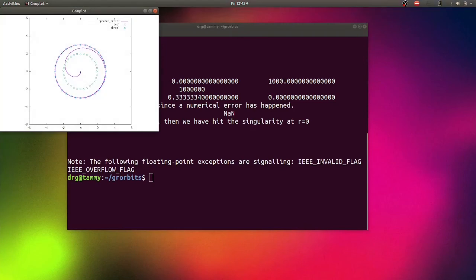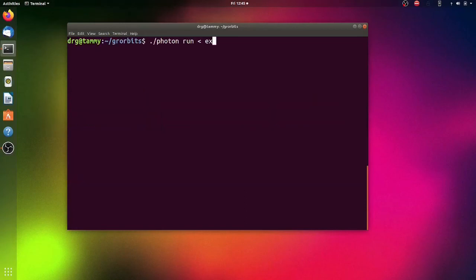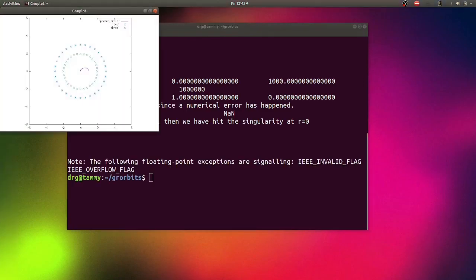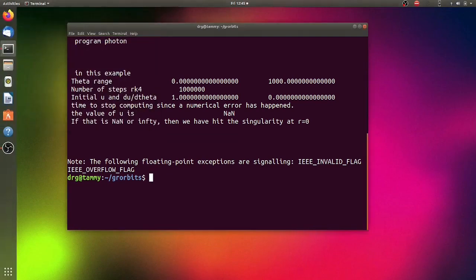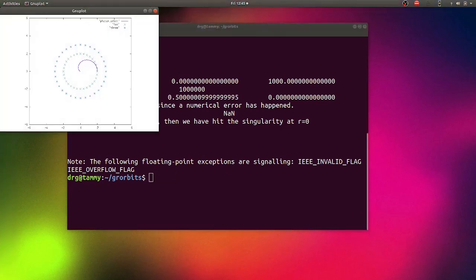Death spiral. I started inside the black hole this time, and I got what looks to be about half of an orbit, and then slam into the singularity. Spiral of doom.